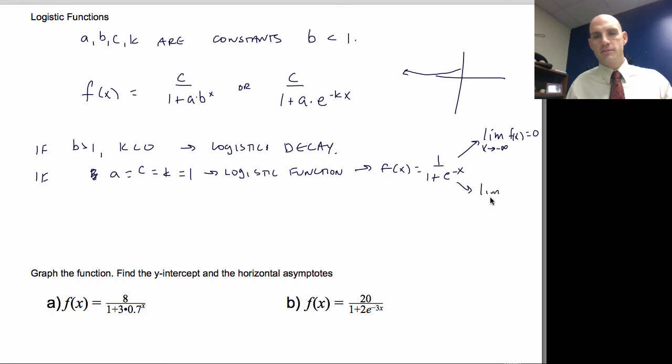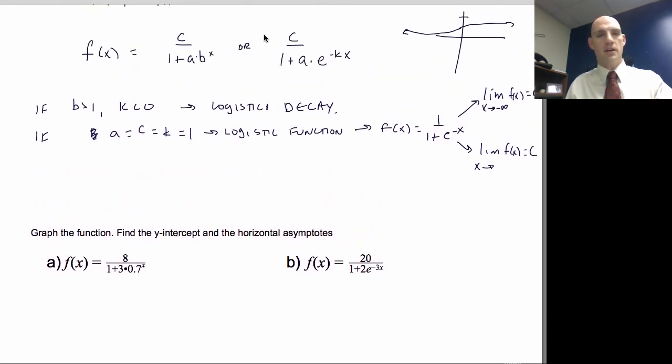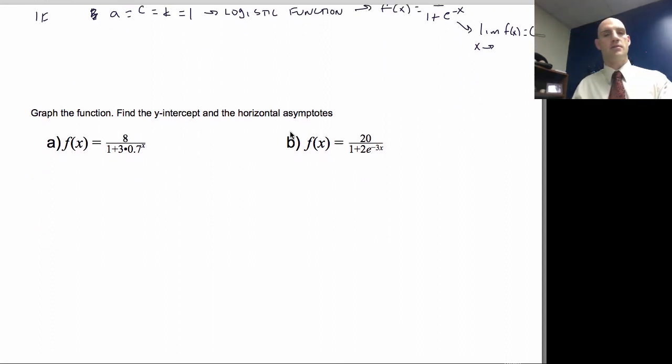And the limit as x goes to infinity is going to be c, or whatever's on top, in this case 1, so as we go up, this is going to approach 1. That's the basic gist of these functions. The number on top is our limit as it goes out to infinity. How high can it go? That's limited growth. On the bottom, our limit's going to be 0.